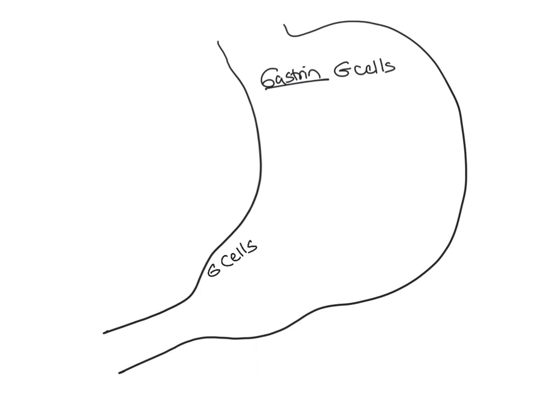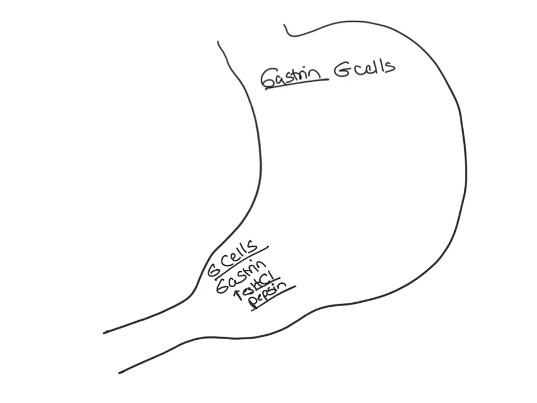What the G cells do, what gastrin does, is stimulate the secretion of parietal cells and chief cells. So it increases hydrochloric acid, and it also increases pepsinogen or pepsin. So we get both hydrochloric acid and pepsin.